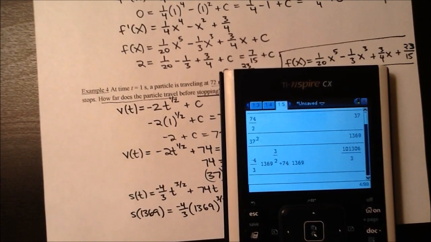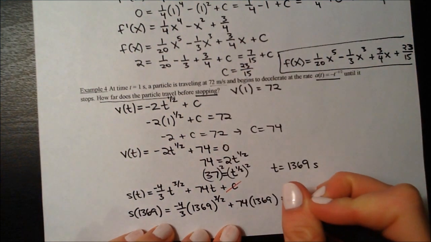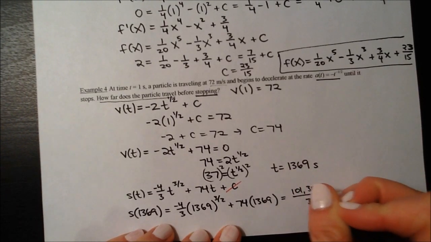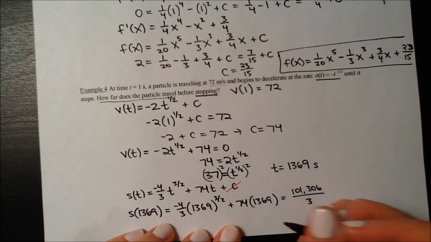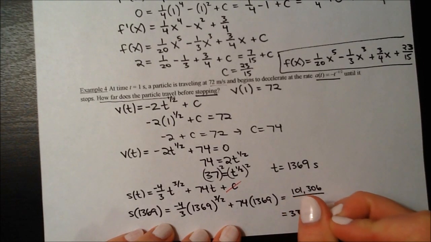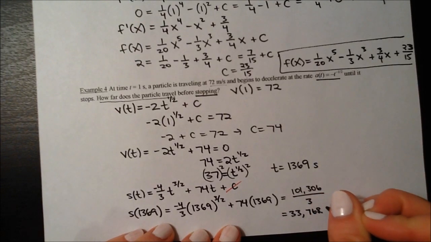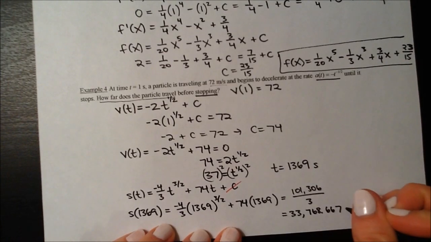So I get this lovely value right here: 101,306 divided by 3, or approximately, and then that would be in meters.